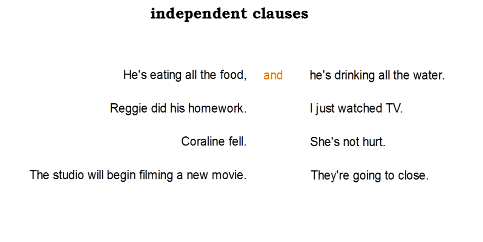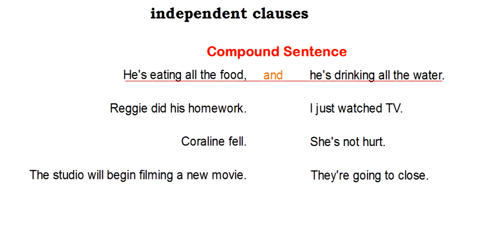This type of sentence is known as a compound sentence. So we have simple sentences which are just one independent clause. And we have compound sentences which are 2 independent clauses joined together by a coordinating conjunction. Now in this first example, the subject is the same in both, he.